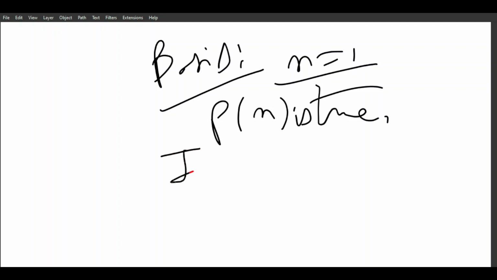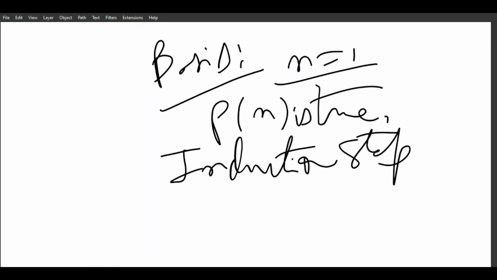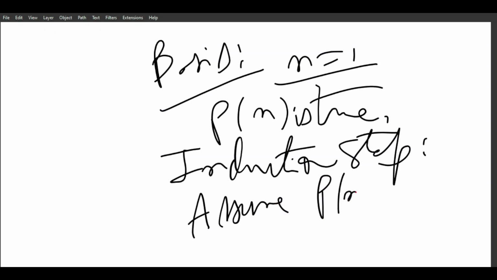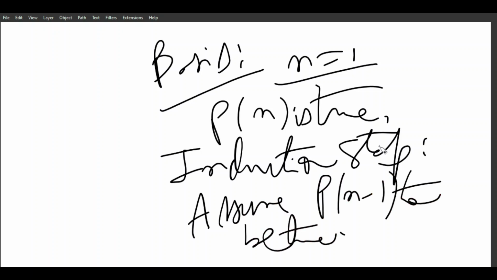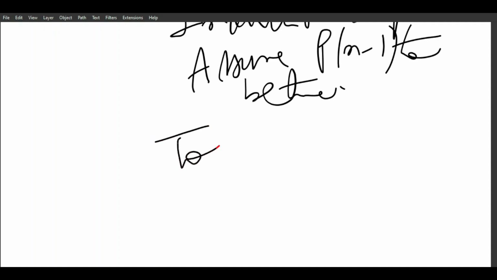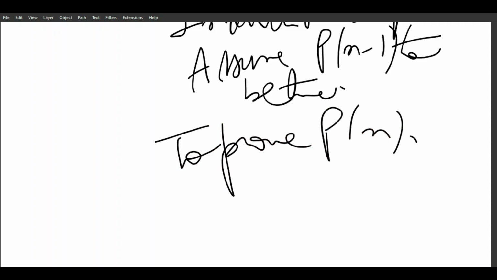So the induction step: we assume P(n-1) to be true. Now we have to prove P(n).